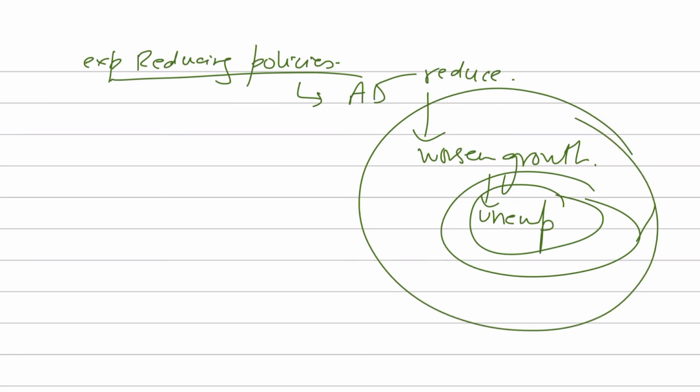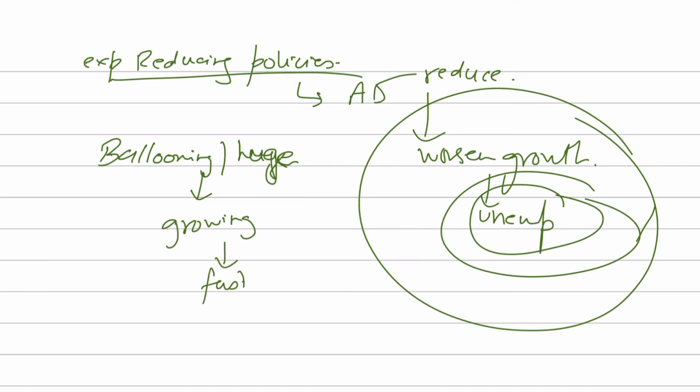However, the problem is that if the deficit is huge, or you can use different economic words, if the deficit is ballooning, if the deficit is huge and that deficit is growing at a much faster rate than the increase in real GDP.